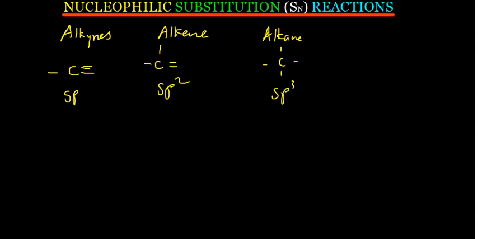So if you want to calculate the percentage s character in these compounds, what you do is that you only have two characters here, one s, one p, meaning that the s character here is 50%. And then if we go to this one, we want to calculate the percentage of s character.